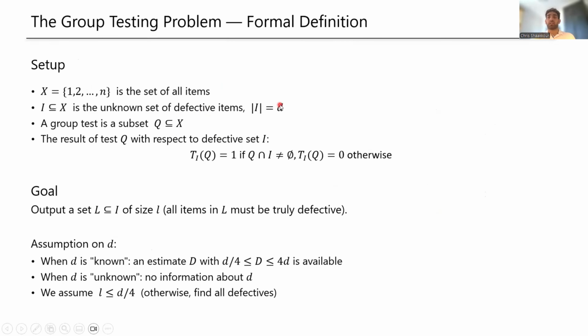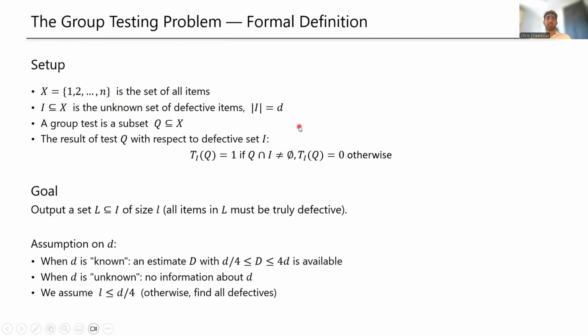To start talking more mathematically and algorithmically about this problem, we first want to declare a formal definition of the problem. X is the set of all the items, of size n, and I, a subset of X, is the unknown set of defective items. So I is all the defective items in the group X, and the size of I is equal to d.